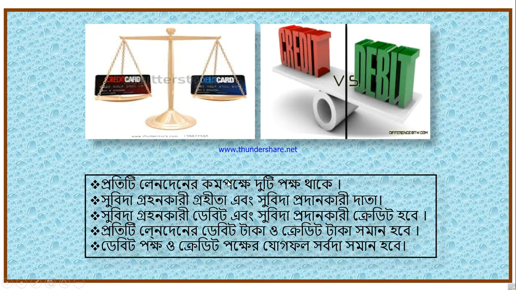Every transaction must have two sides, that means at least two parties are involved. Who receives the benefit will be debit. Who gives the benefit will be credit. And every debit amount will be equal to its credit amount.